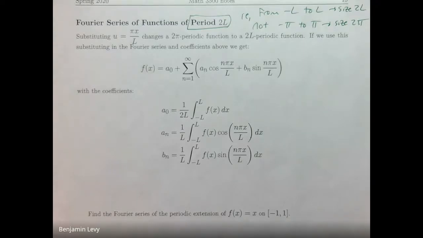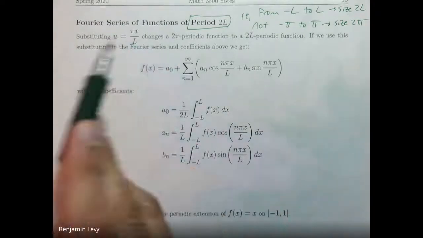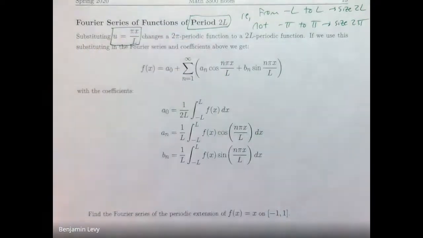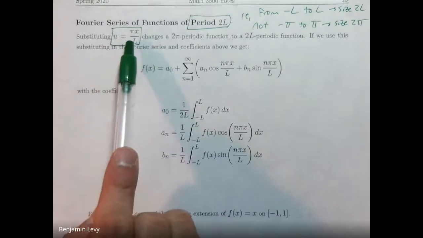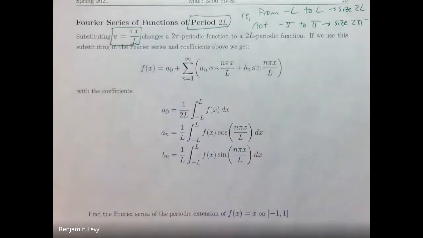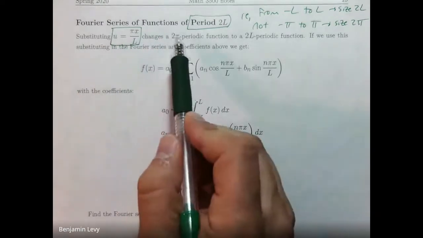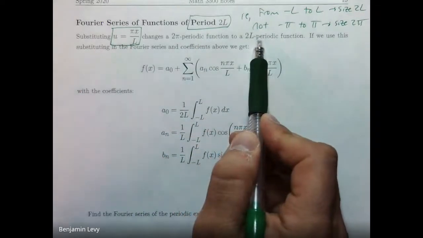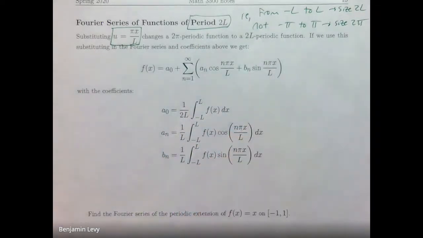The way you do this is you make a substitution. If you're into calc substitutions, you make this substitution into the original series I just showed to change a 2 pi periodic function into a 2L periodic function, extending it to different sizes.